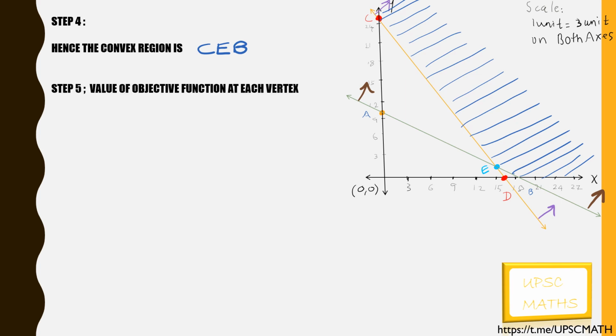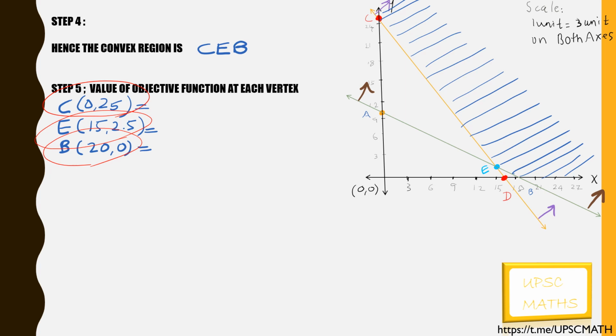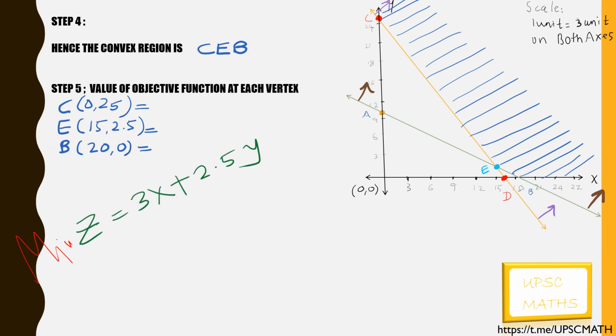Step 5 is to calculate the value of the objective function at each vertex. We have C (0, 25), E (15, 2.5), B (20, 0), and the given objective function is minimize z = 3x + 2.5y.